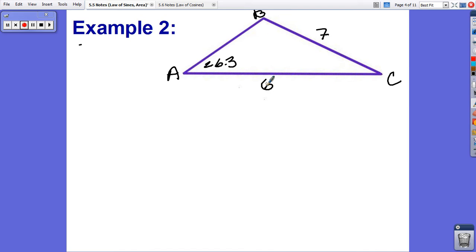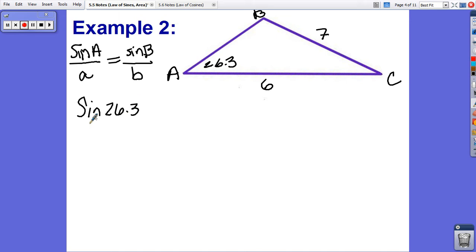Okay, so now I'm missing the angle. I'm still going to use the law of sines. Sine of A over little a is equal to sine of B over little b. Sine of A I know, so I can do sine of 26.3 over A is 7.